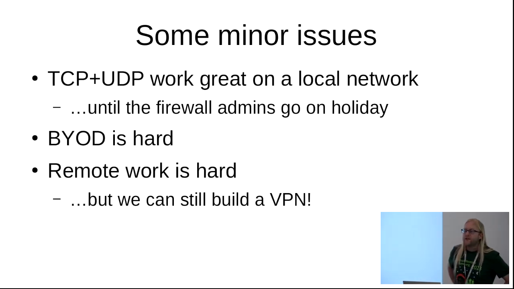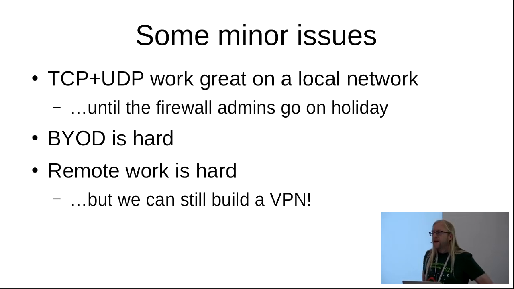So obviously we are doing everything right here by also using this protocol stack. But there are some minor issues. It's all assorted protocols based on TCP and UDP, which sort of works great in a local network until all firewall admins go on holiday.